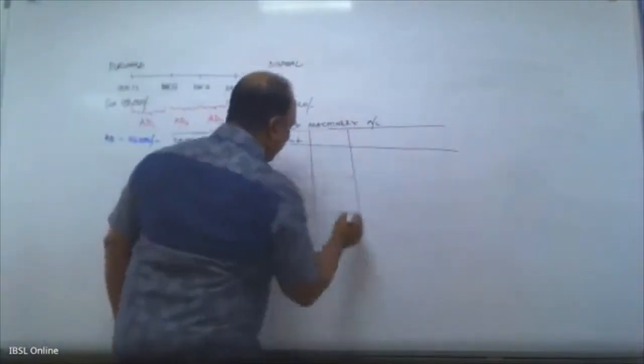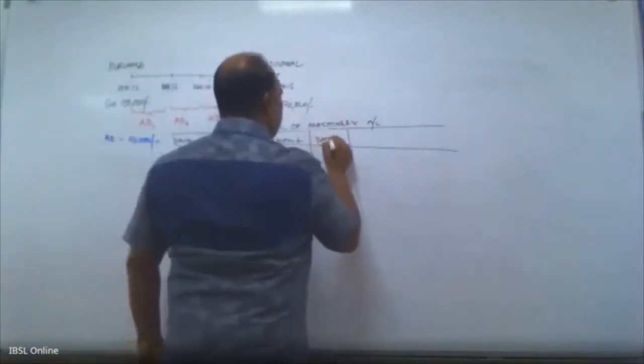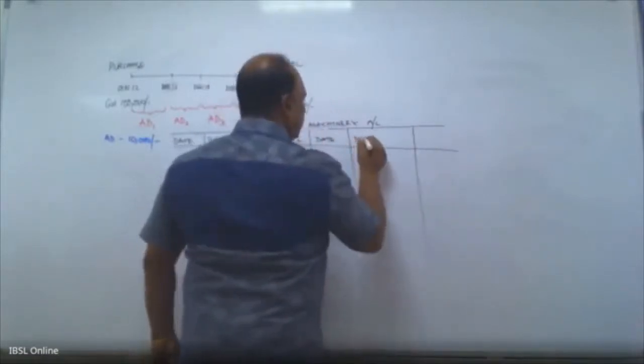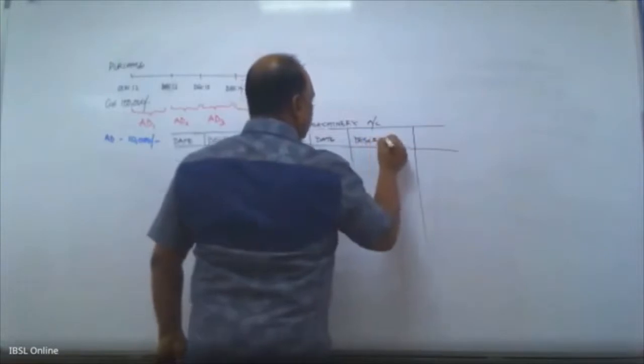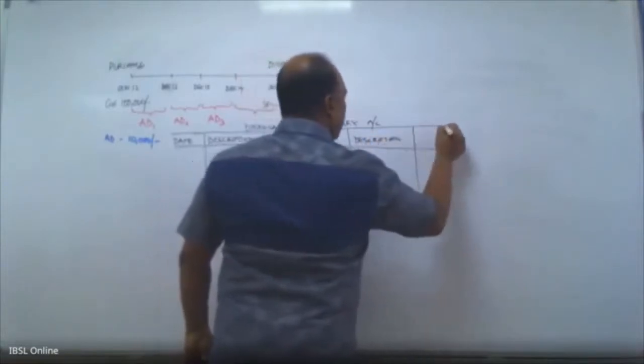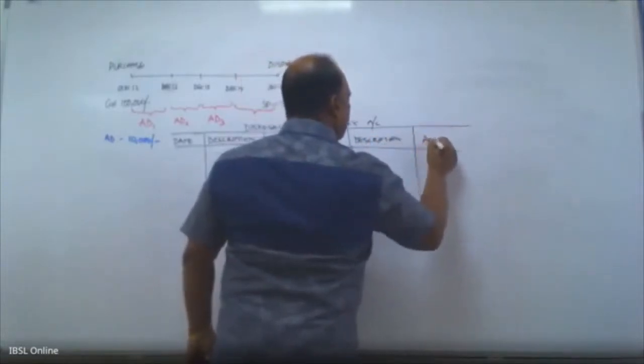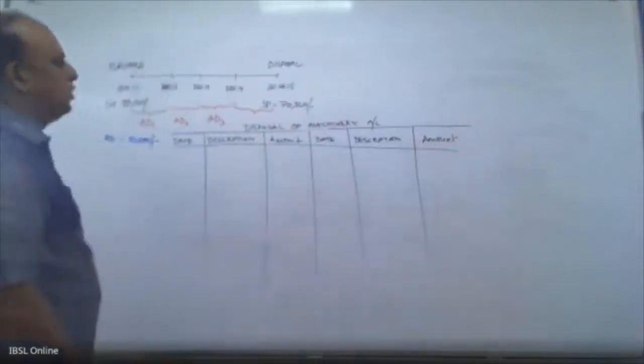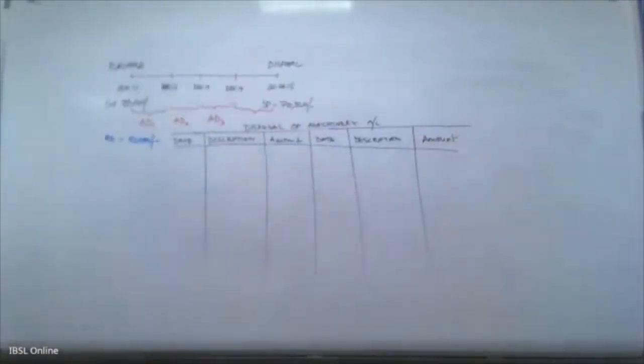Then again, date, description, and amount. So this is how the structure will be for the disposal of machinery account.